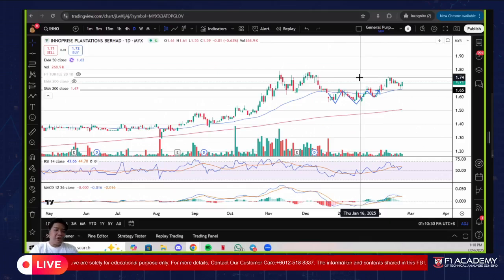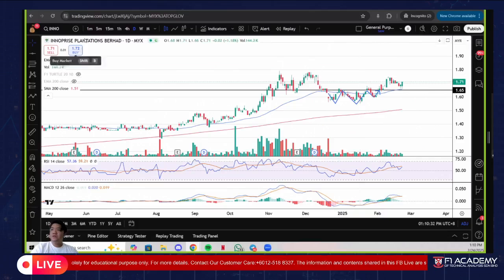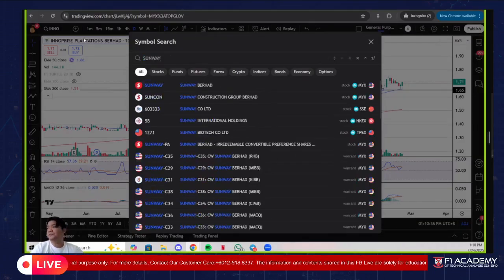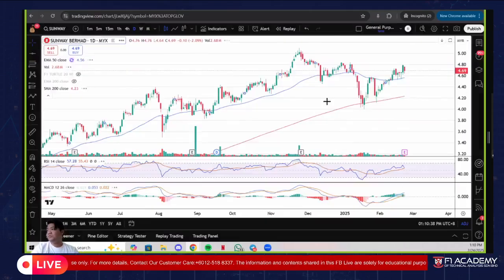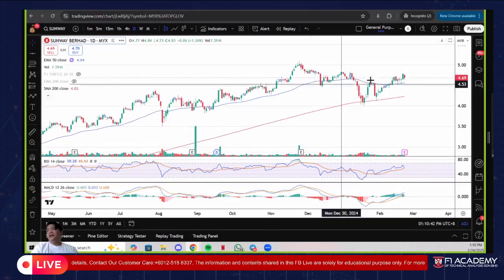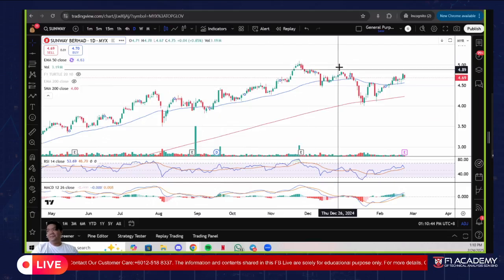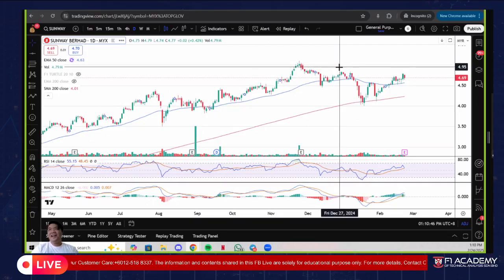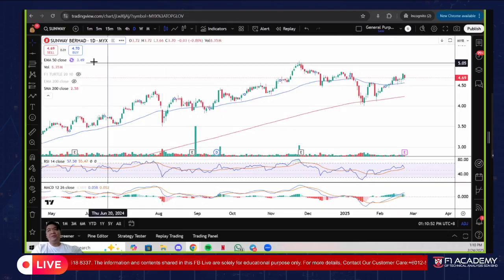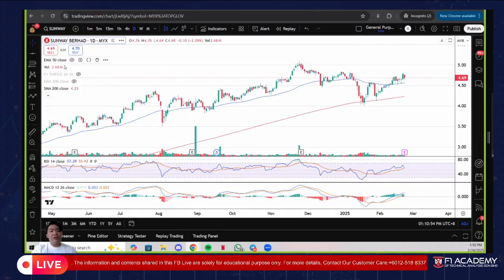Any more takers? Sunway? Cool, let's do Sunway. Okay, I cannot quite call this a double bottom, but needless to say, it broke above the EMA 50, which is a good indicator of strength, right?